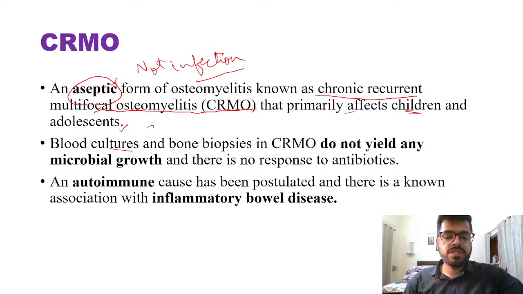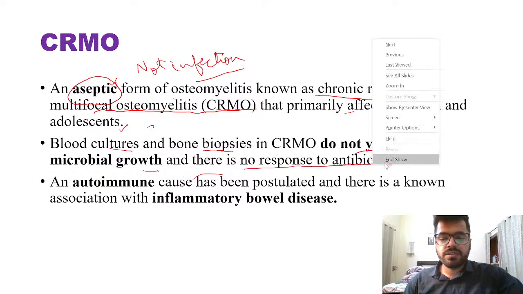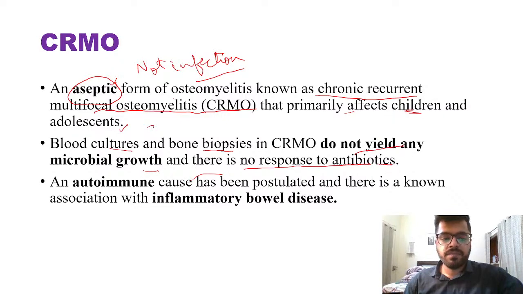Blood cultures and biopsy do not yield any microbial growth, and there is no response to antibiotics because there is no organism. It is an autoimmune disease, an autoimmune hypothesis has been postulated, and it is associated with inflammatory bowel disease.